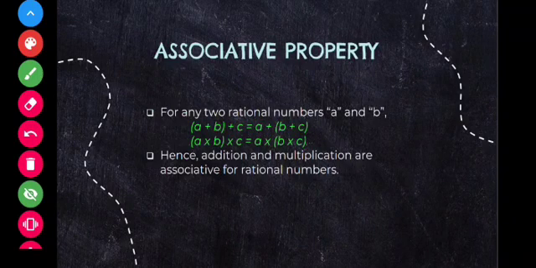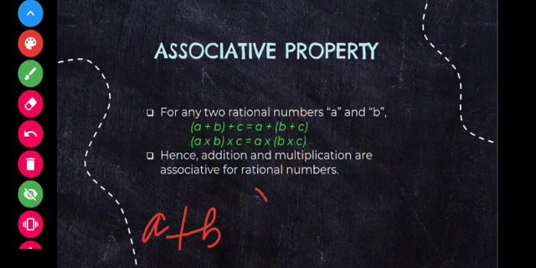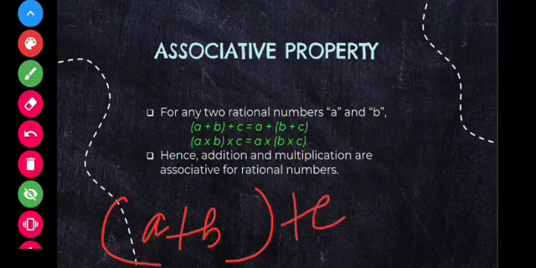The associative property is a bit long and it has three variables, A, B and C. So you will have three rational numbers, A, B and C, and all these three rational numbers will follow a particular property. Listen carefully.